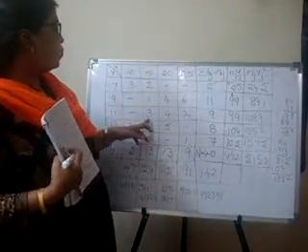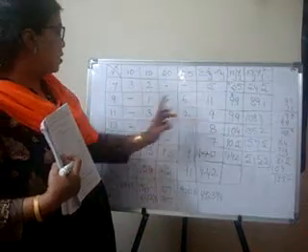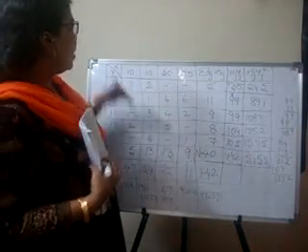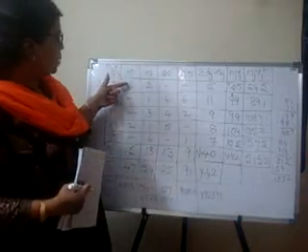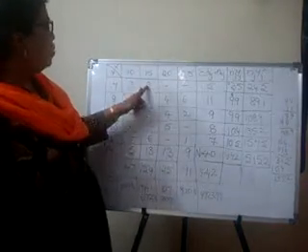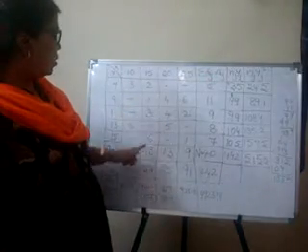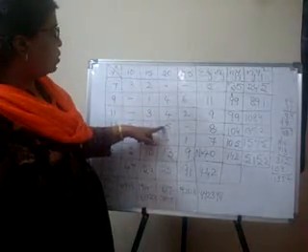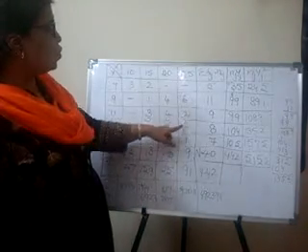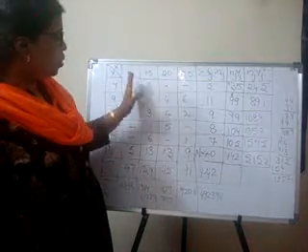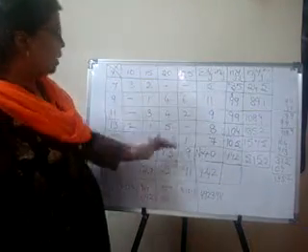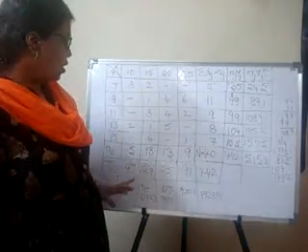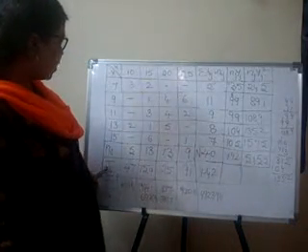Then 3 plus 4, 7, 8, 9, 2, 3, 5, 8, 6, 1, 7. This way also you have to add up. 3 plus 2, 5, 2, 3, 6, 7, 30. And 8 plus 5, 13. 6, 2, 8, 9. So adding this way or adding this way, you should have same n is equal to 40.